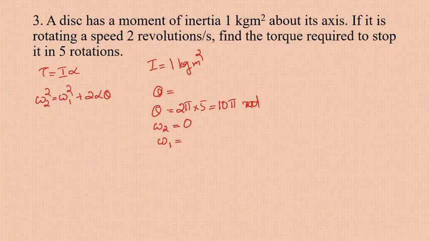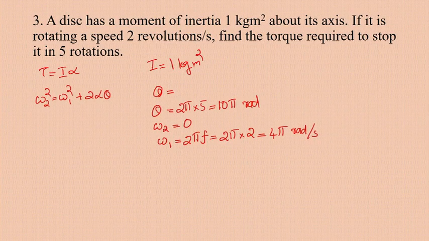What about omega 1? We are given the rotating speed in frequency, 2 revolutions per second. The angular velocity is 2 pi f, that is 2 pi into 2, equal to 4 pi radian per second.